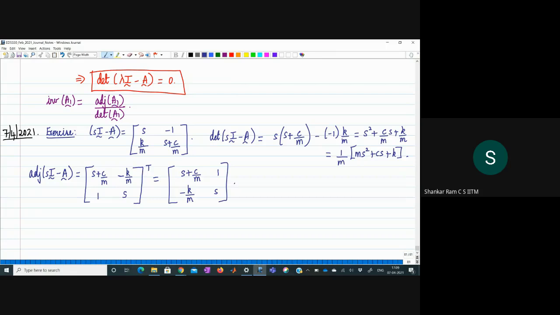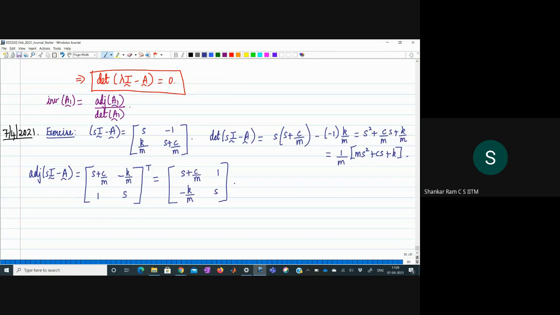And how do we get the cofactor matrix in general? It is a signed minor. So what is a minor? A minor at the ijth element is obtained by removing the ith row and the jth column. You get an n minus 1 by n minus 1 matrix, and you take the determinant of that matrix. That is how you get the minor. A signed minor means you multiply that value by minus 1 to the power i plus j.